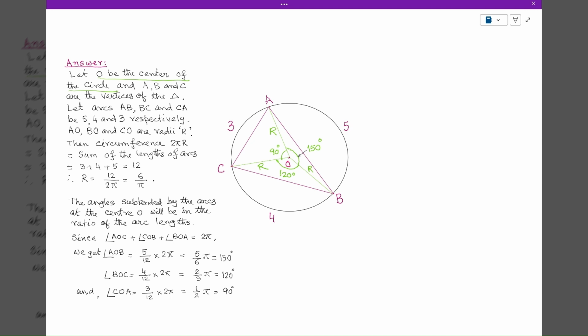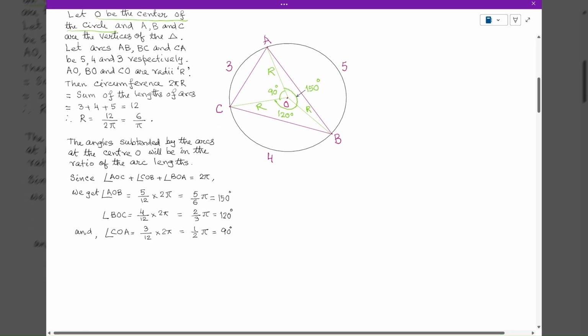Therefore, 2 pi R is equal to 3 plus 4 plus 5, which is 12. Therefore, R is equal to 12 divided by 2 pi, which is 6 by pi.